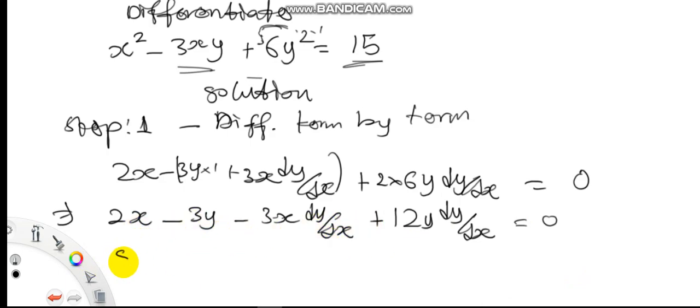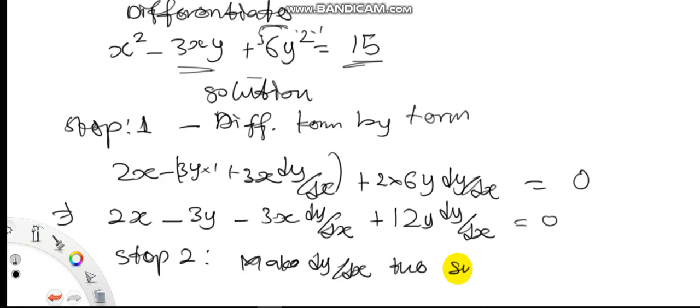So that will be step 2. Step 2 will be make dy dx the subject of the equation. Let's get some more space.